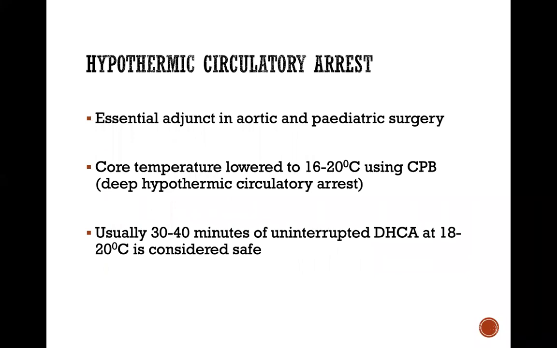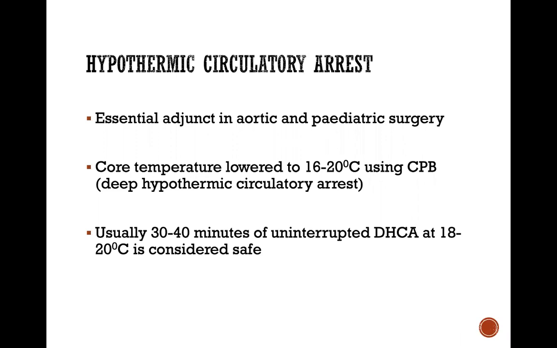The most important thing that you all need to know if you face this problem is hypothermic circulatory arrest, which is an essential adjunct in aortic and pediatric surgery. Core temperature can be lowered to 16, or let's say 18 to 20, using cardiopulmonary bypass if you have a deep hypothermic circulatory arrest.